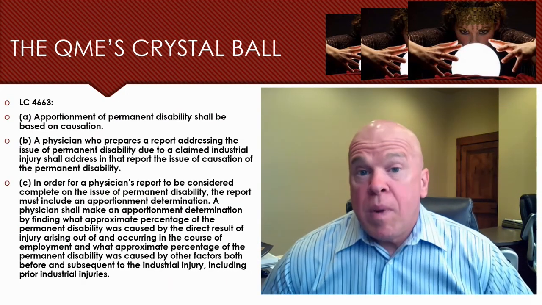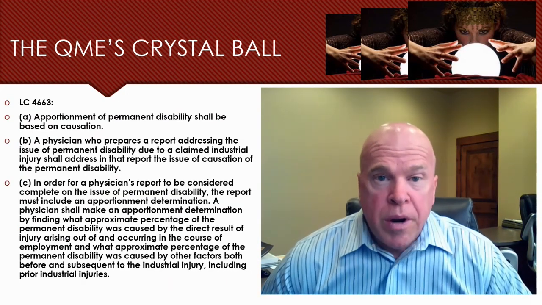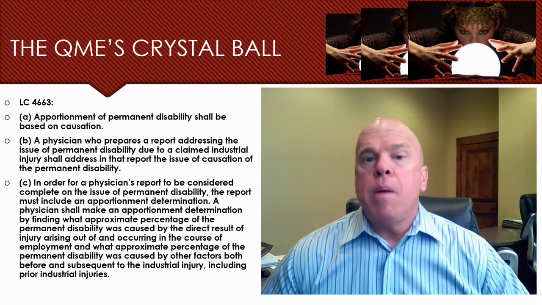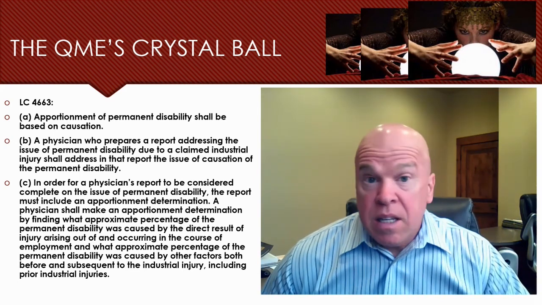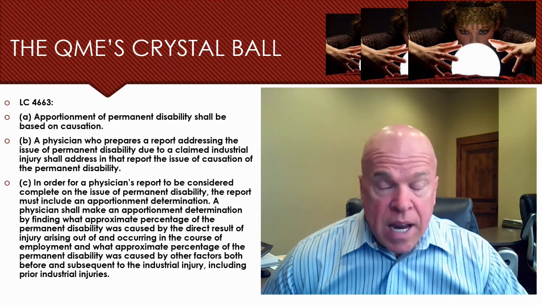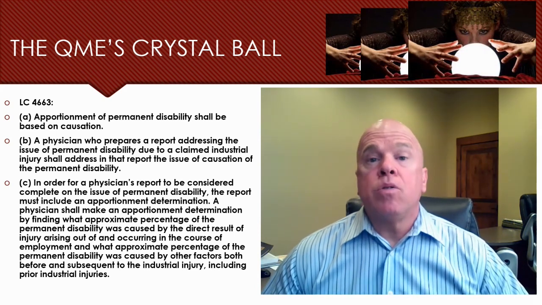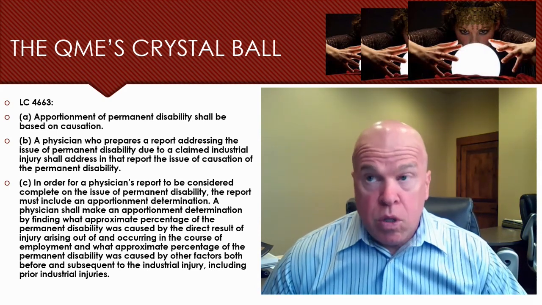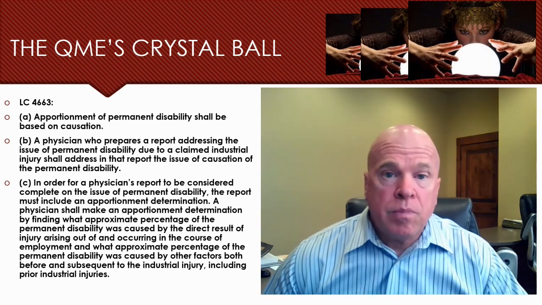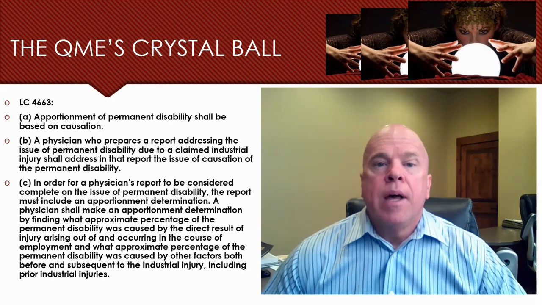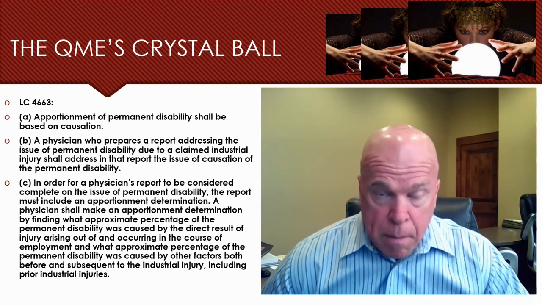Okay, so let's talk about apportionment in those cases wherein you provide for permanent impairment for your examinee, and let's talk about the necessity of obtaining an accurate and detailed relevant medical history so that you can provide accurate opinions and conclusions on the apportionment approximate percentages.